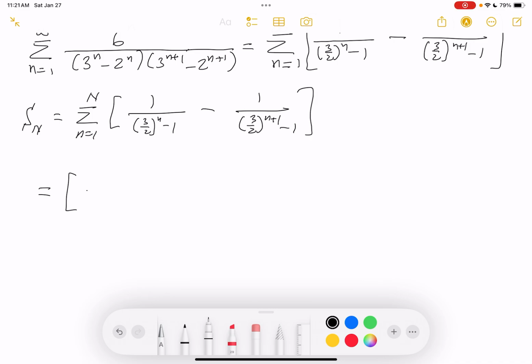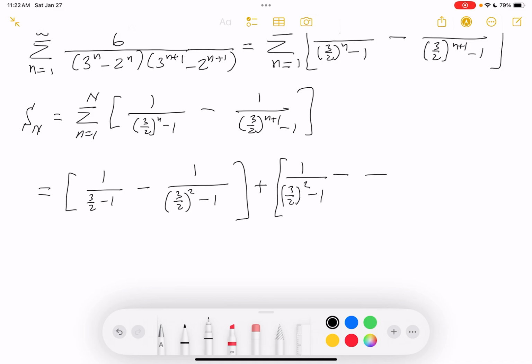First term, 1 over 3 over 2 minus 1. Next term, minus 1 over 3 over 2 squared minus 1. Plus the next term, 1 over, well, I'm at 2 now, so it's going to be 3 over 2 squared minus 1, minus 1 over 3 over 2 cubed minus 1.